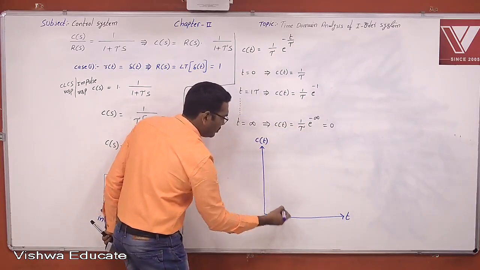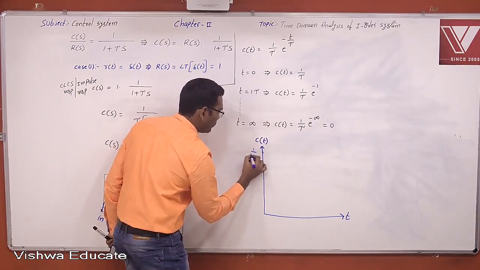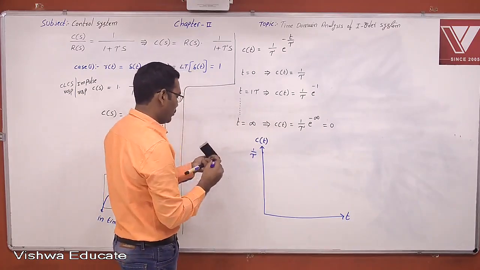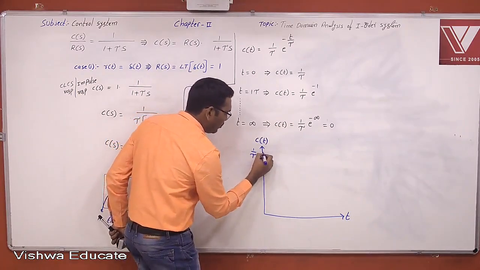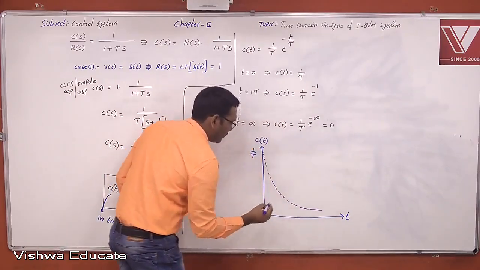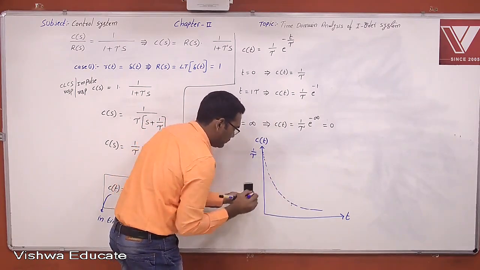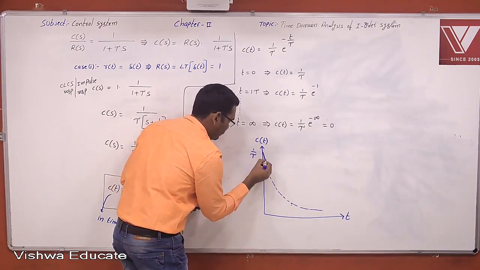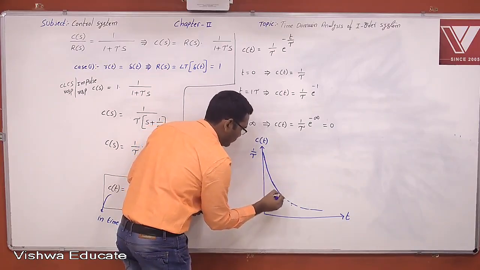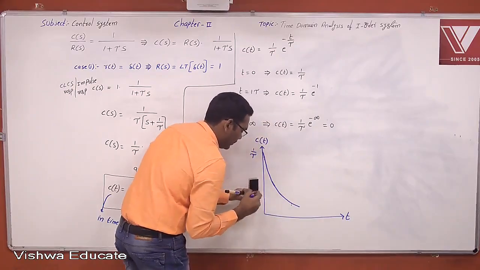Now when t equal to 0, the response is 1 by tau. But when t equal to 1 time constant, this is exponentially decaying.